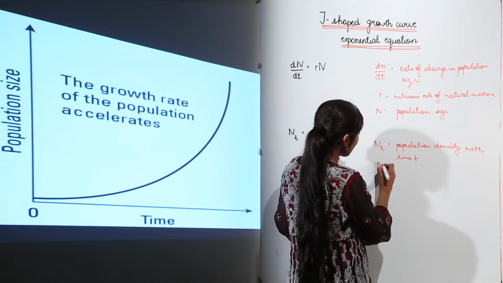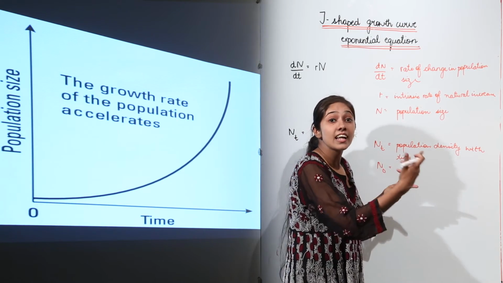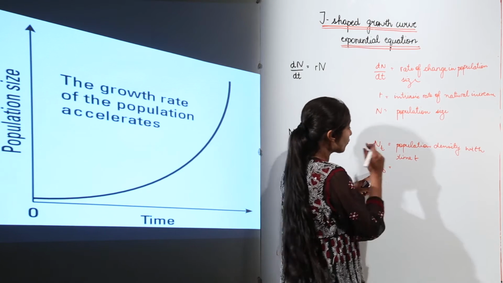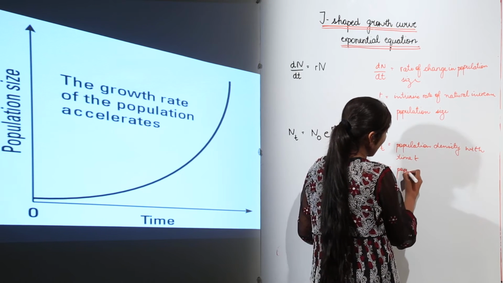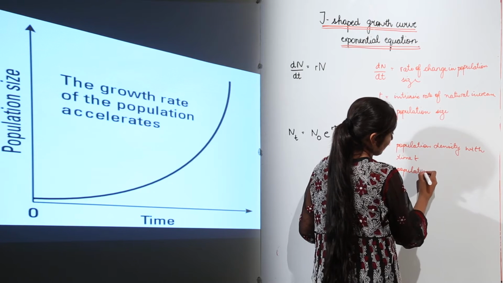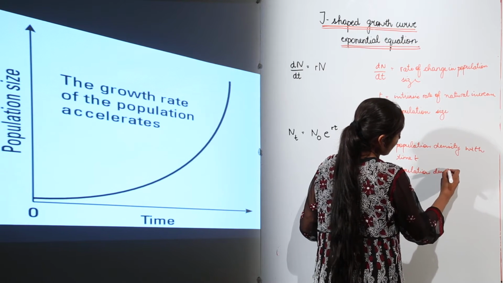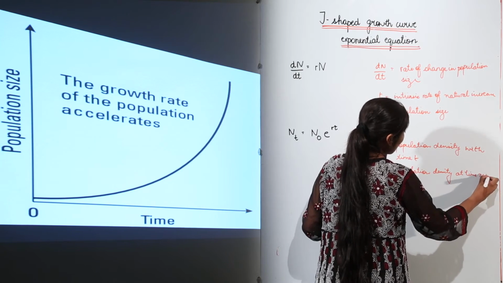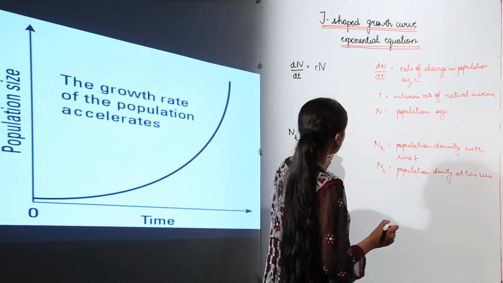What is N0? Population density at time 0, because I told you it is an integral equation, so N0 will be population density at time 0. Then we have this e.